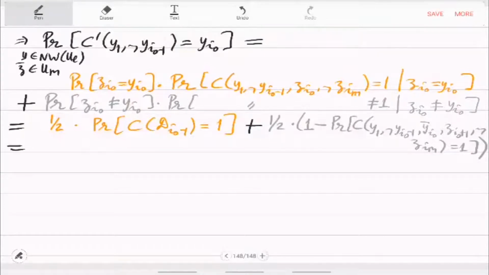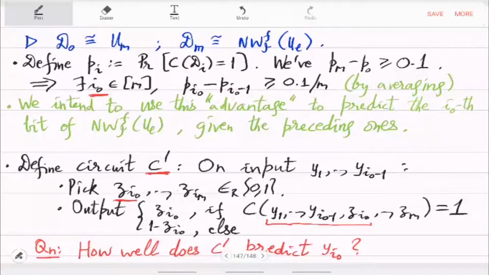Okay, so let us further simplify this. So first I'll get half plus pi0. I'll rewrite it like this: pi0, and I have to subtract. This was not Di0 minus 1, this is Di0. This is how we define the distribution.